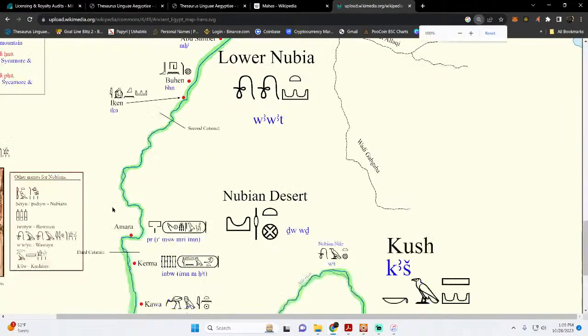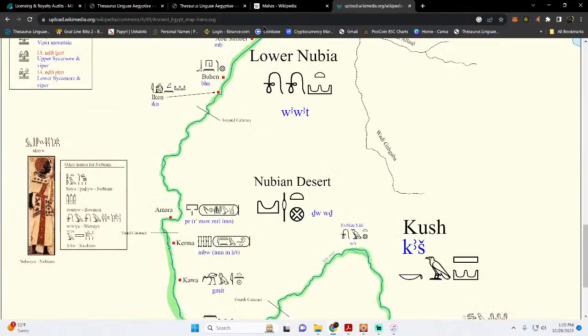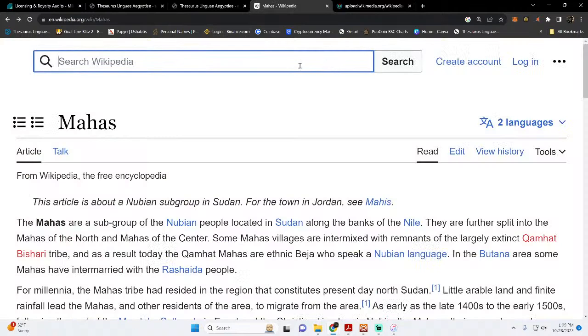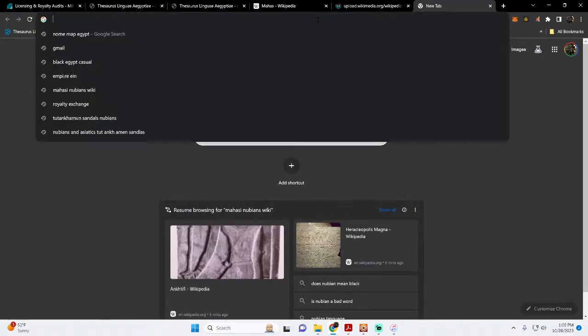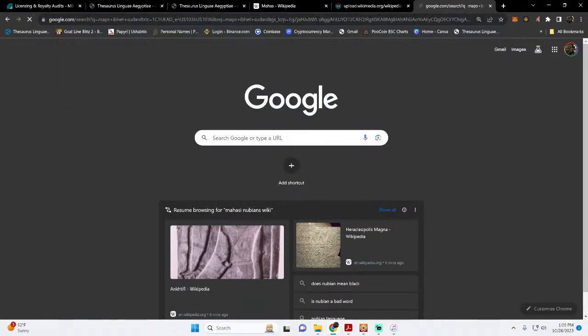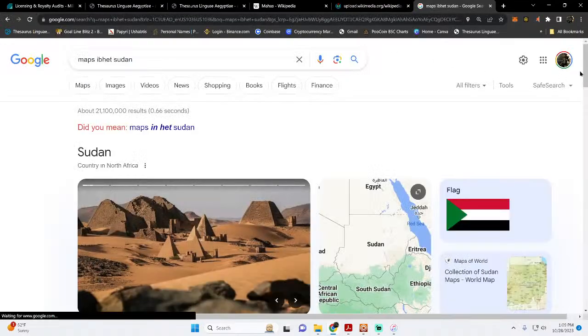And particularly, we have indications of where he went, and I'm going to show you. Let me see. I'll show you on a map where Mentuhotep went by philological indications. Let's say maps. Sudan. This is the place I'm going to show you.